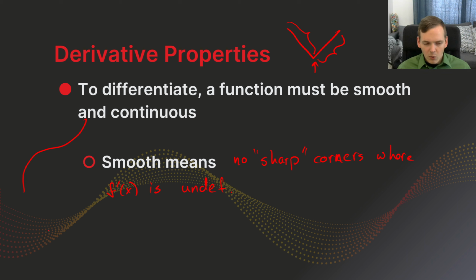There's also a weird edge case: if I go vertical, that doesn't work because the rate of change here will be infinite. That doesn't violate smoothness exactly, it's kind of a nebulous area. But the main thing here is we want to see no sharp corners.